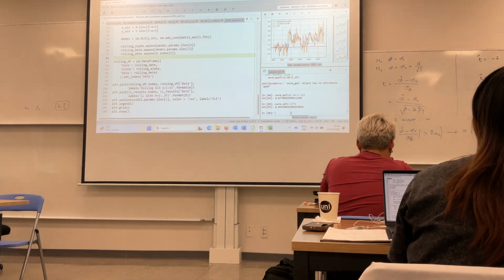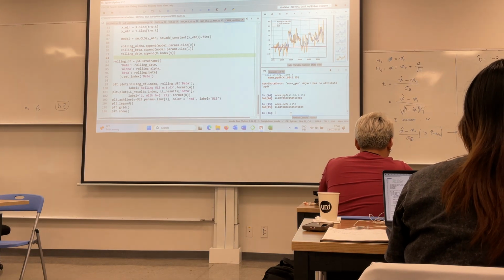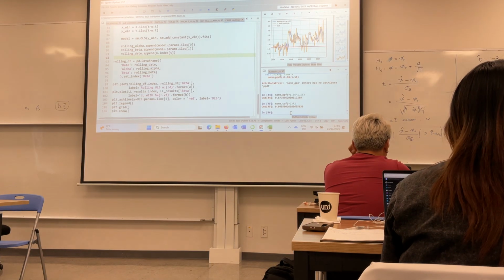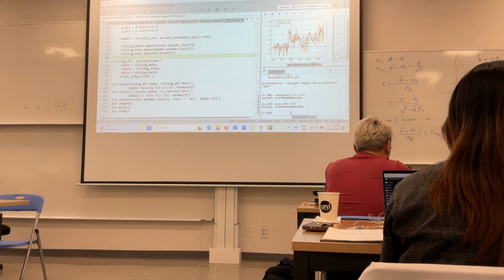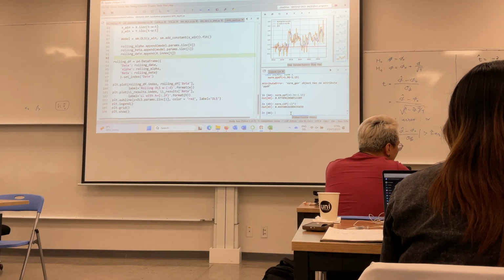This is so 31.7. If I have alpha 31.7, then I will not reject the null. And that is what we call the p-value. But it has nothing to do with how strongly you reject the null. It has simply something to do with the probability of rejecting or not rejecting a decision.